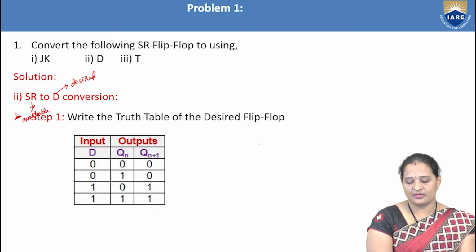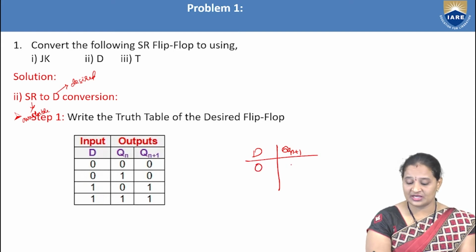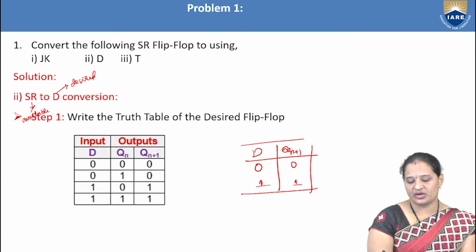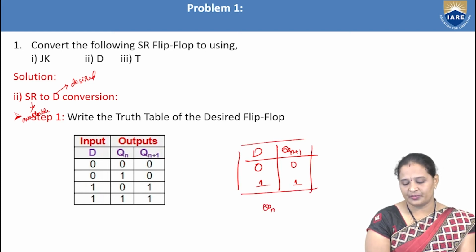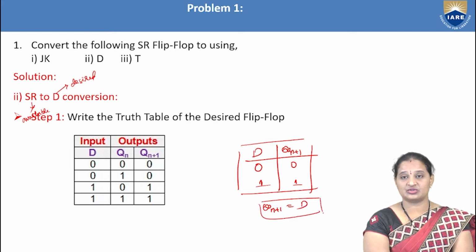In short, D is the only input to the flip-flop. If it is 0, the next state will be 0. If it is 1, the next state is 1. So what is the characteristic equation of this one? Qn plus 1 is equal to D. Based on this, this is the truth table.